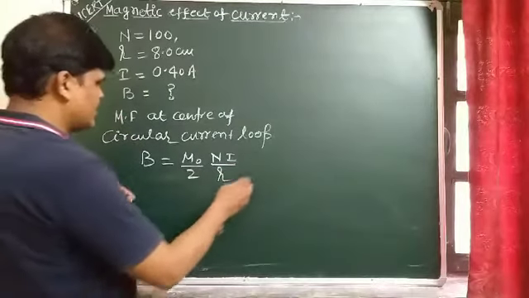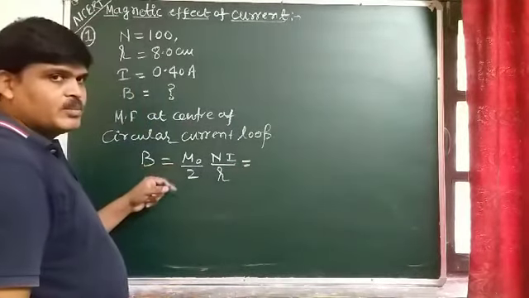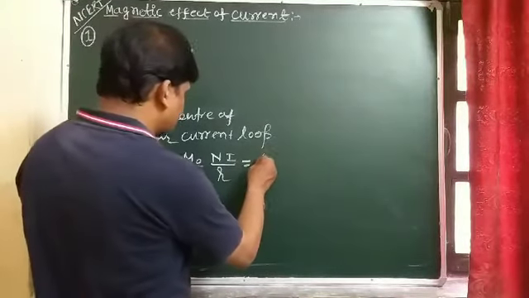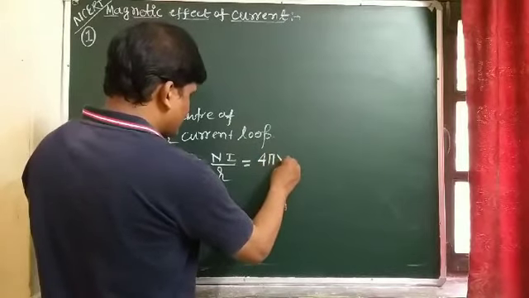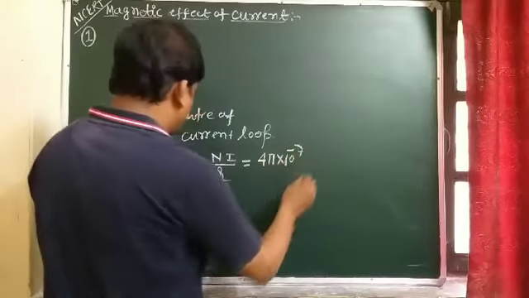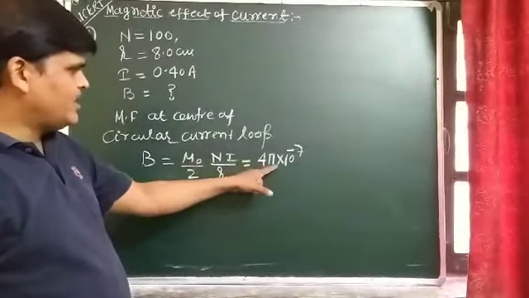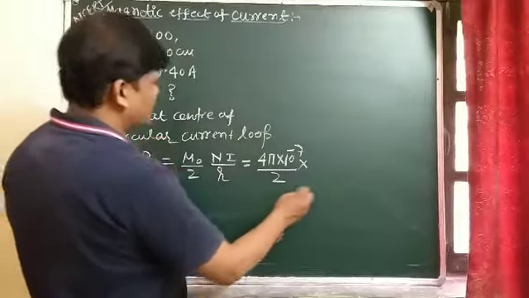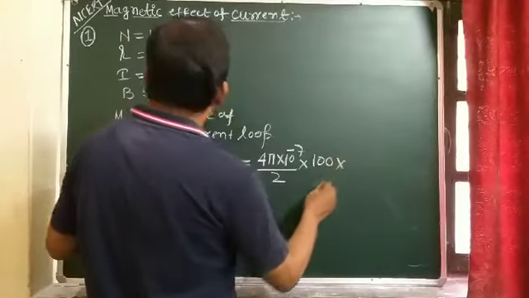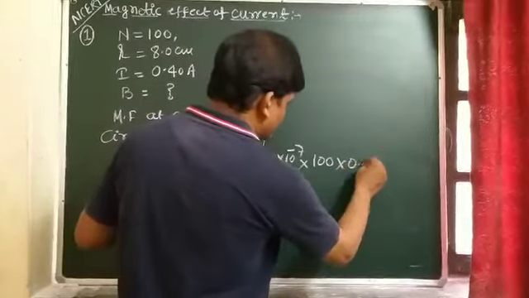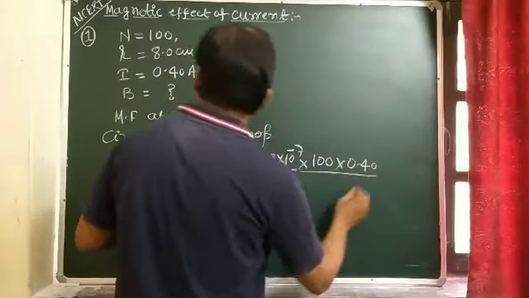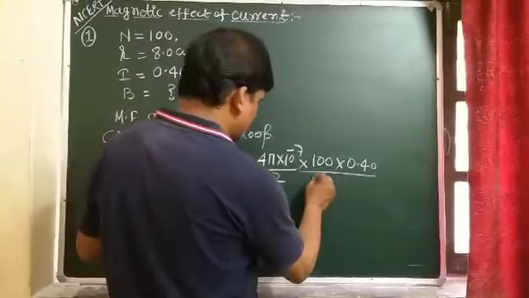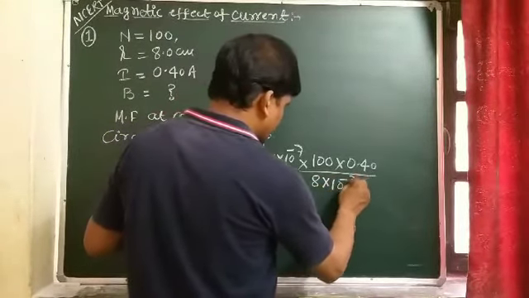Here the value of mu naught is 4 pi into 10 to the power minus 7. So B equal to 4 pi into 10 to the power minus 7 by 2, number of turns 100, current 0.40, and the radius 8 centimeter can be written as 8 into 10 to the power minus 2.